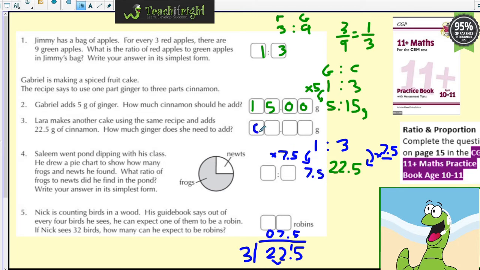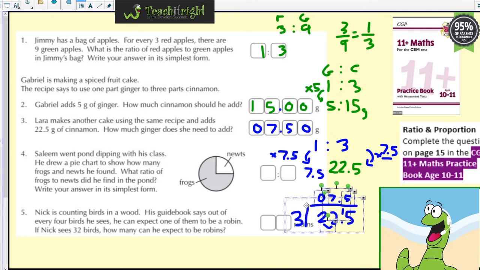So here I'd have 07.50, not forgetting that there's 2 points down there. So that's my answer. I divided the 22.5 by 3 to work out how many times larger it was, and then I just did the same increase, and that way got my answer.